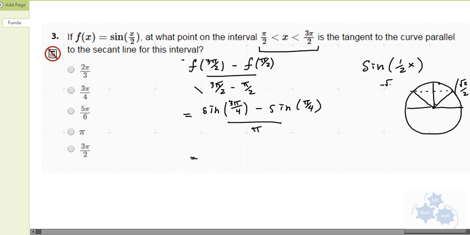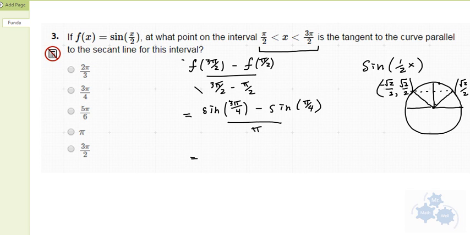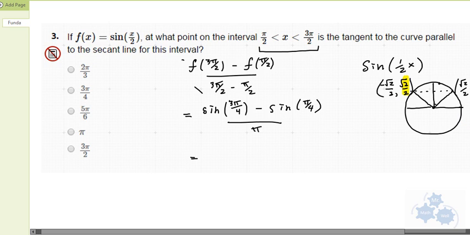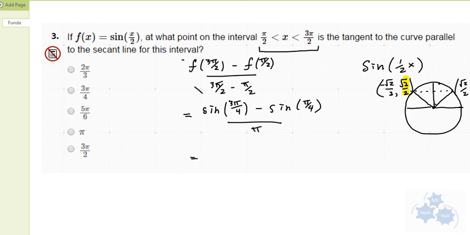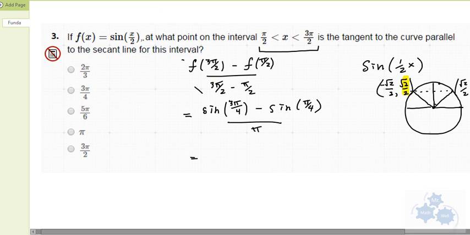This is negative root 2 over 2, comma, positive root 2 over 2. So what's the sine value for this one? Same. Exact same. So what we have here is 0 on top. And of course I'll write that out, but we have root 2 over 2 minus root 2 over 2 over pi, so this equals 0.